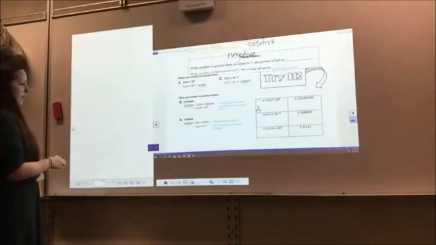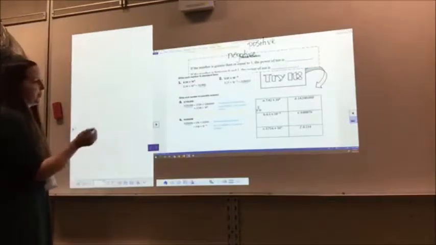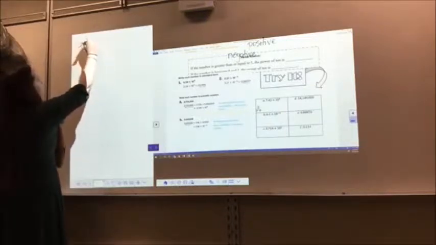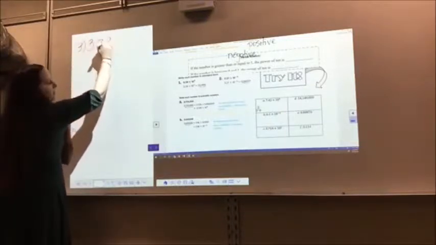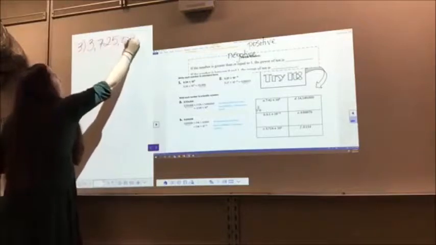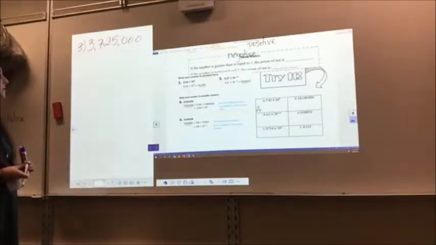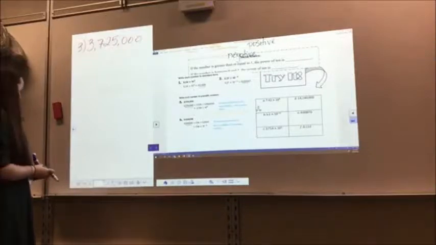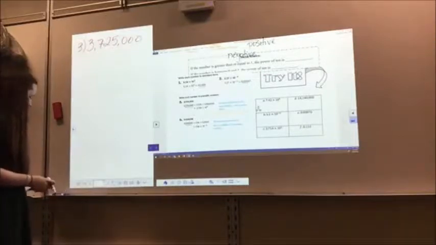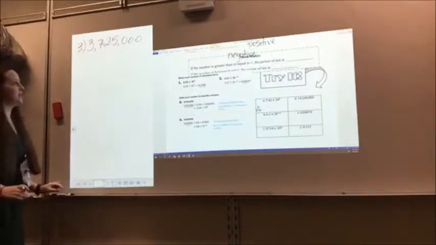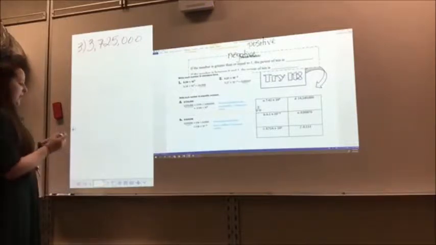For number 3, I'm being asked to write it in scientific notation. I have 3,725,000. Basically, I want to figure out where it will be between 1 and 10. I need to create this number so it's between 1 and 10.